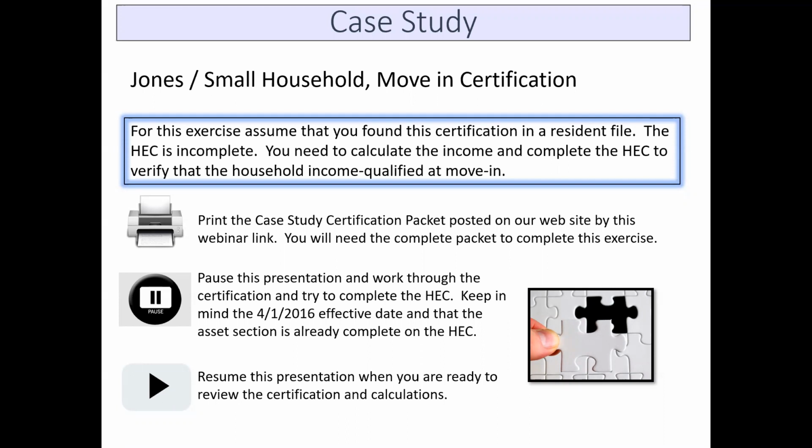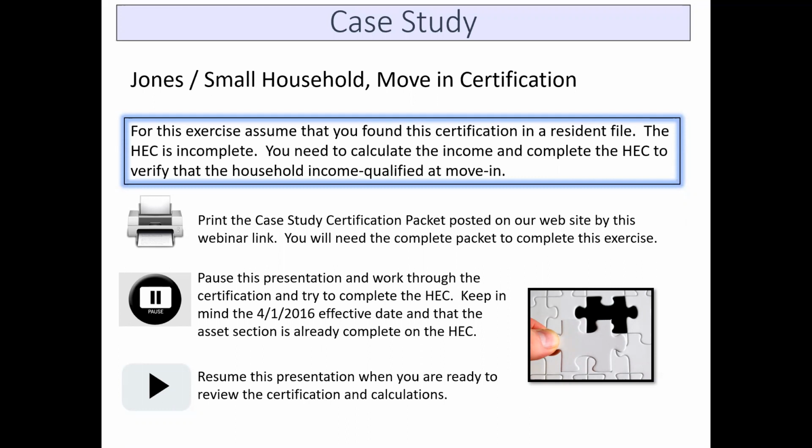You'll need the complete packet to go through, to review, and then as I go through the case study, we're going to walk through individual calculations, and then you can fill those in on the copy of the HEC that you print with the case study. So once you have that packet in hand, I recommend that you pause this presentation, give yourself some time to work through the packet.